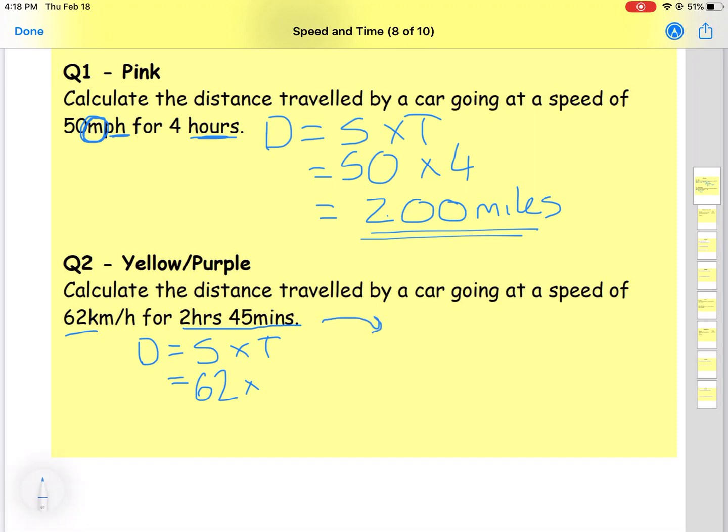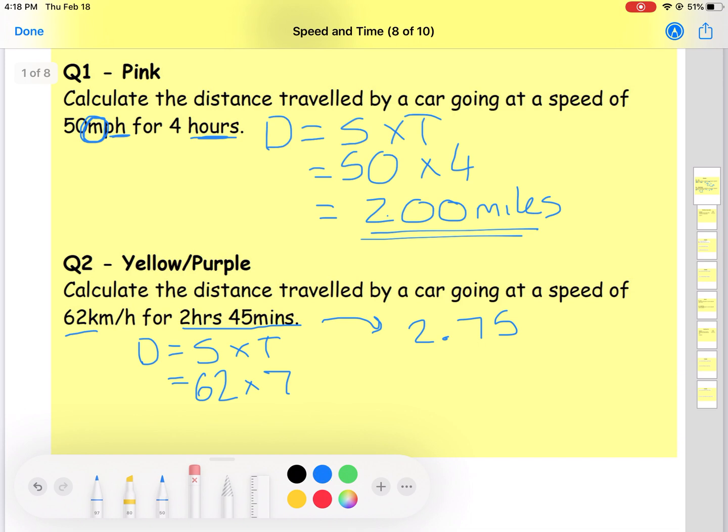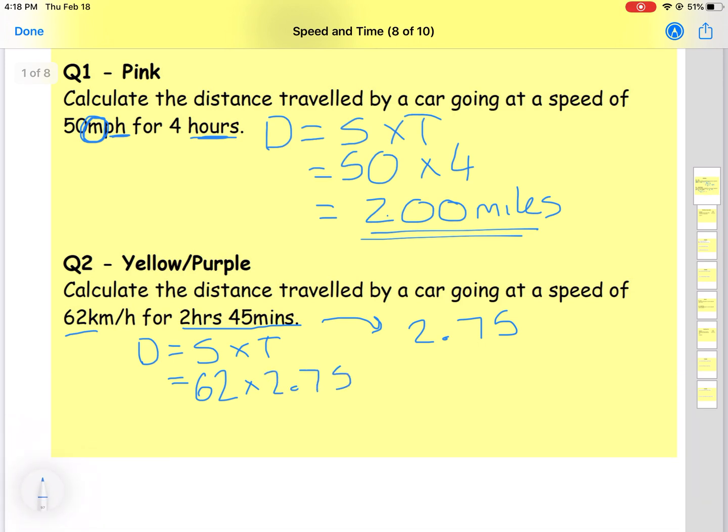Okay, we use our decimal time, so that would be 2.75 for the decimal time. So we've got to multiply those two together. 62 times 2.75, giving us 170.5 kilometres. The distance units and the speed are kilometres, therefore kilometres go on the end.